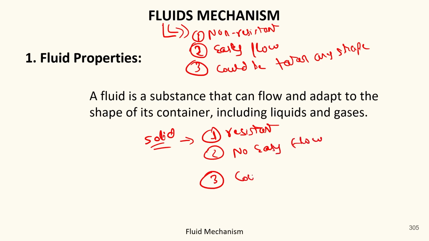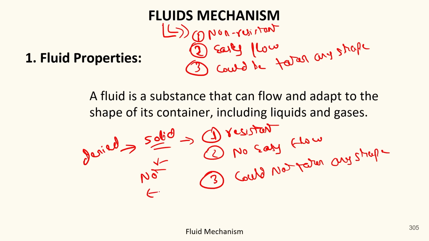And third is that it would not take any shape. Okay. So here we have come to know that solid is resistant, solid could not easily flow, and solid could not take any shape. So all the three conditions are denied in the case of the solid. So solid is not a fluid.